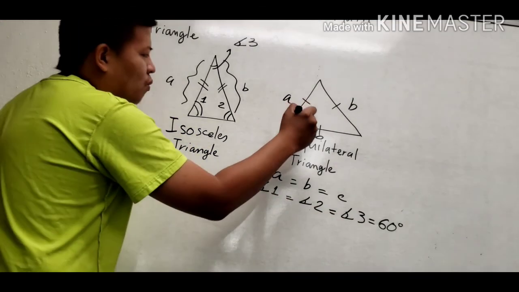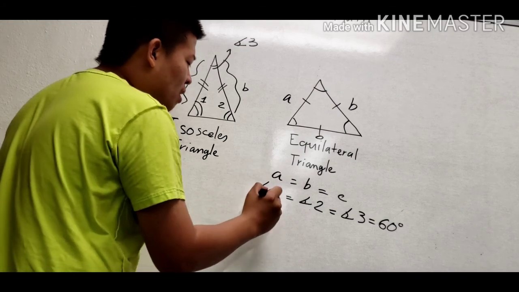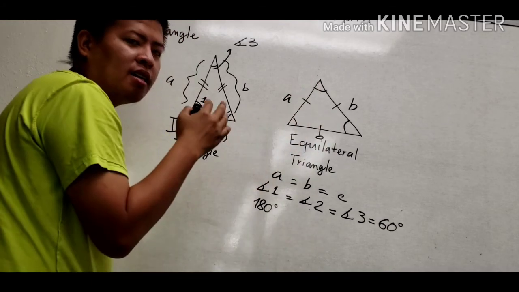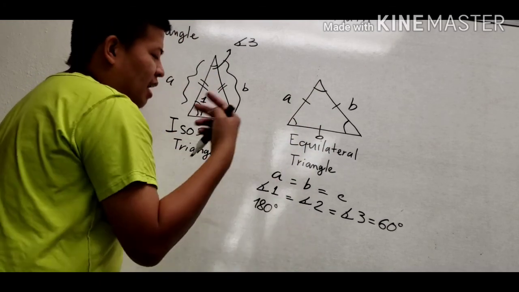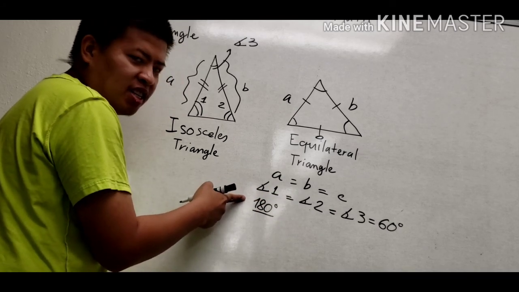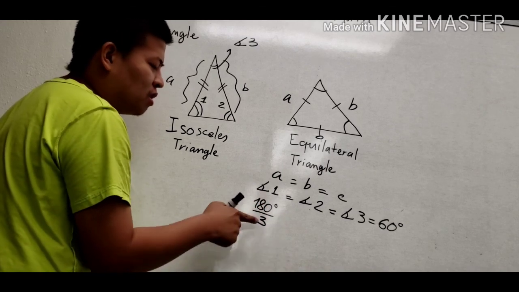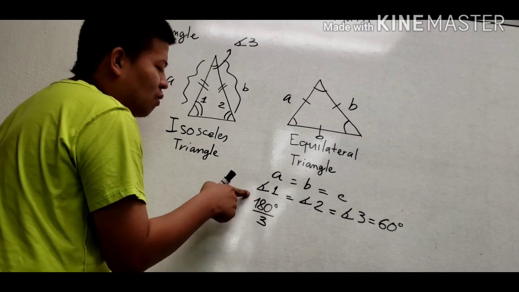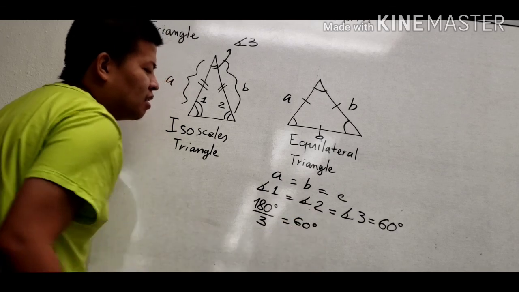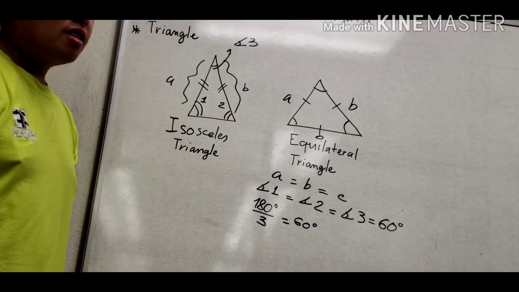Because the sum of the 3 angles, as we learned in the previous lesson, is 180 degrees. But now angles A, B, and C, or angles 1, 2, 3, are the same. That's why we have the sum of 3 angles, 180 divided by 3. 3 means 3 angles in the triangle. That's why 180 degrees divided by 3, you get 60. This is the reason why angles 1, 2, 3 become 60 degrees.